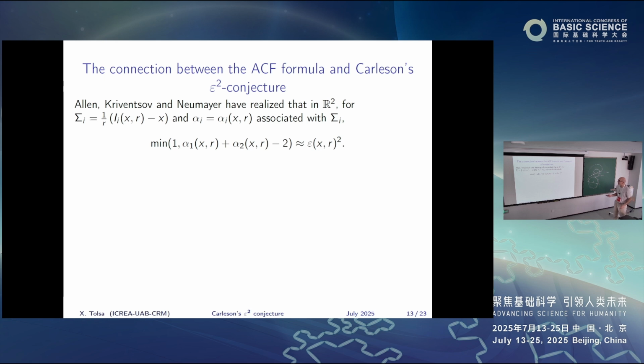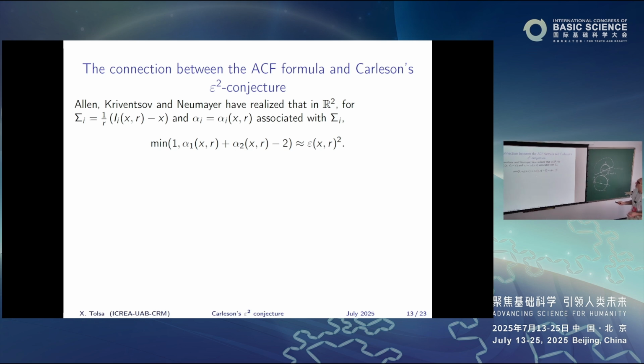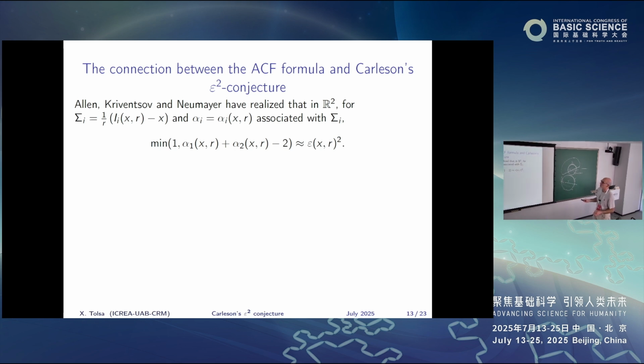Well, Allen, Kriventsov and Lin, in their work about Faber-Krahn inequalities and related things, realized that when you put sigma I, imagine that we're in the plane, and this is I1, this is I2, and we identify. Imagine that we are in the unit sphere, so that R is equal to 1 and x is equal to 0.